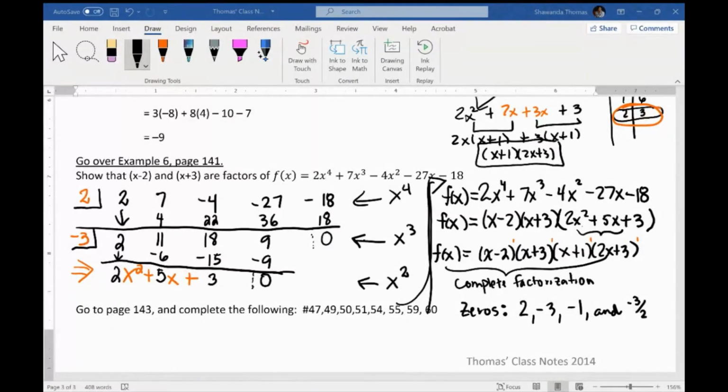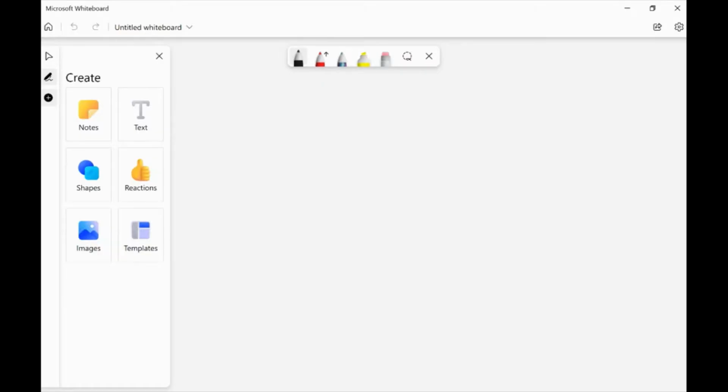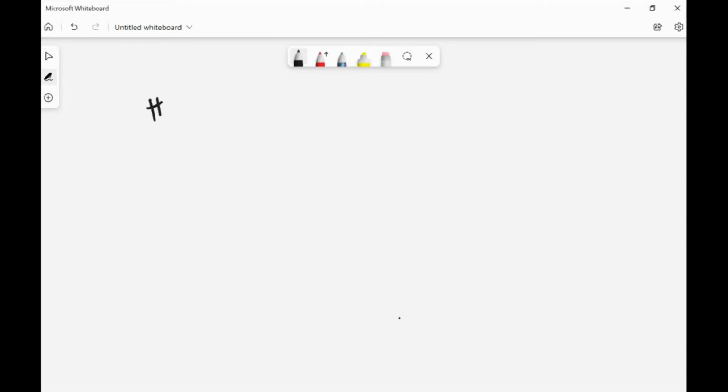Let me pull it up first. This is from the textbook. 2.3.